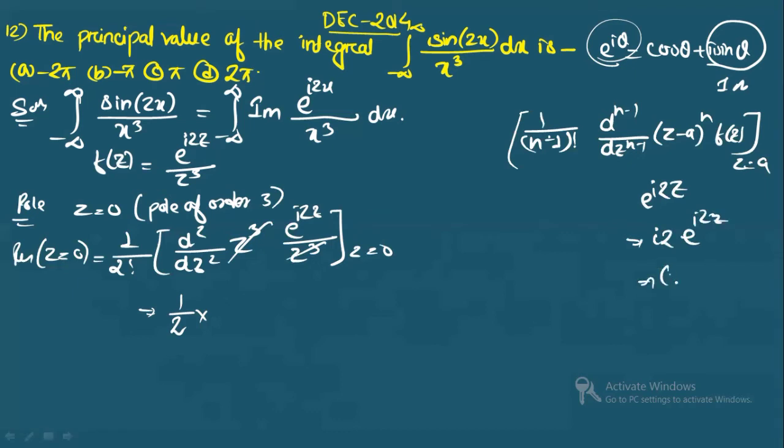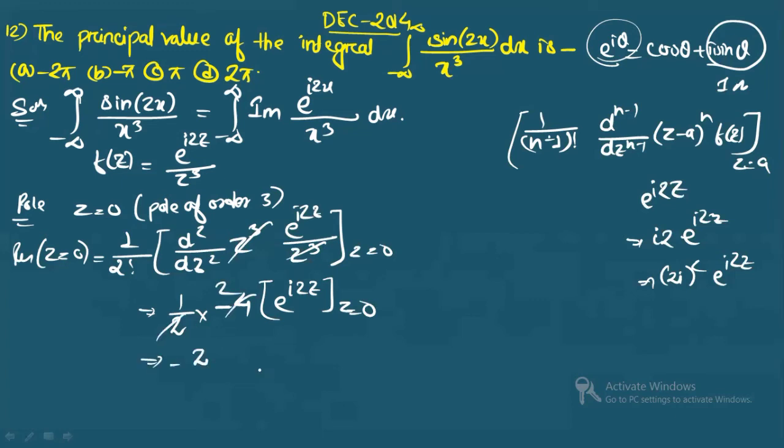Again on differentiation, you will get (2i) whole square e to the power i 2z. So finally we'll have minus 4 e to the power i 2z at z equals 0. This term equals 1, and with the half, this gives you minus 2.